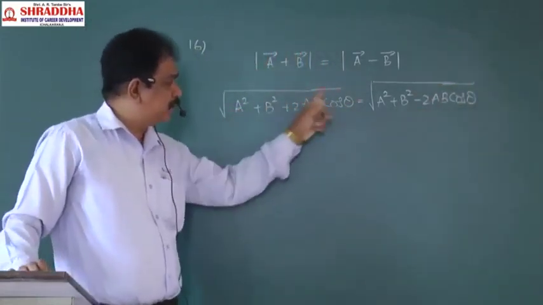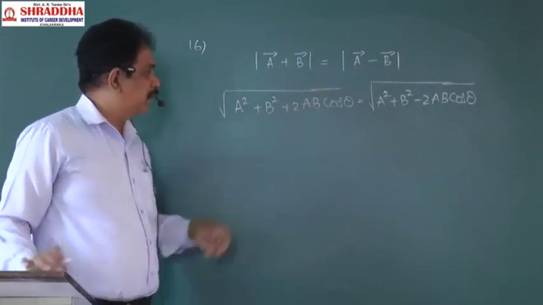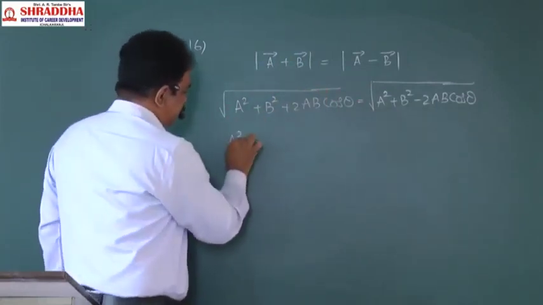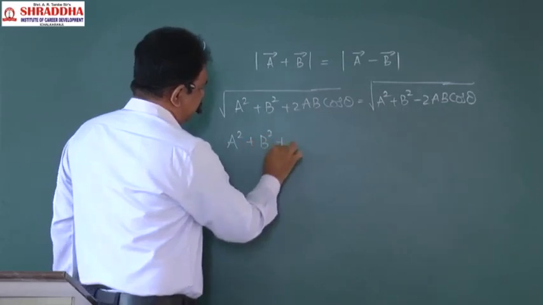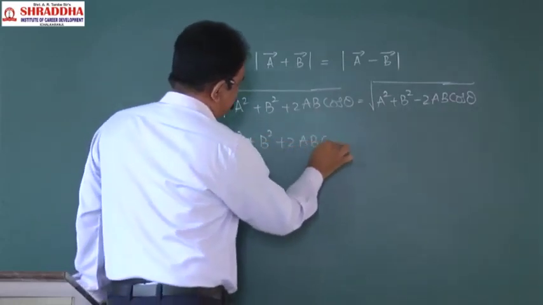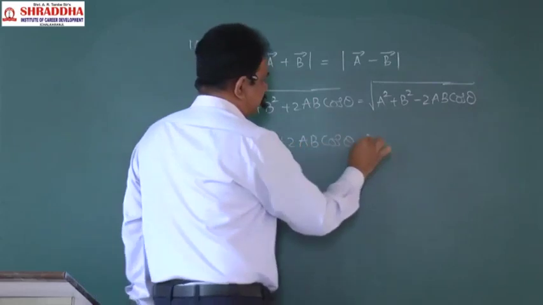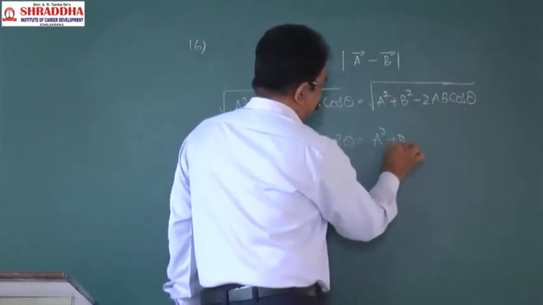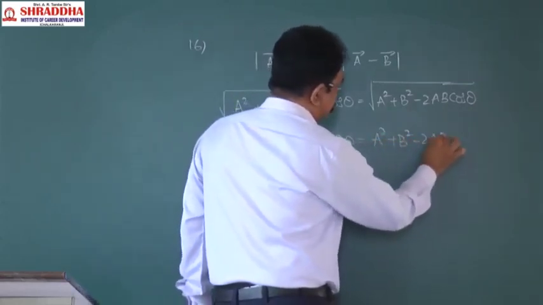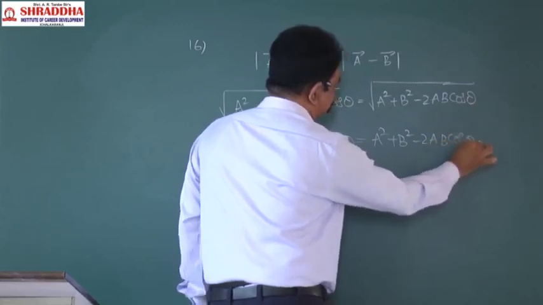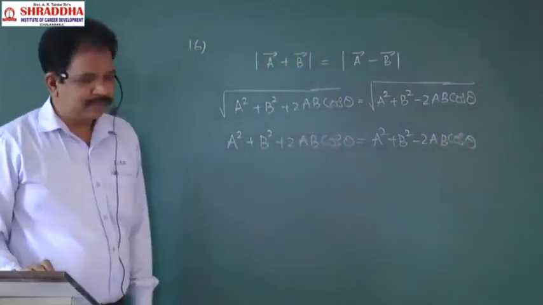Both sides you square it. Square root will be gone.